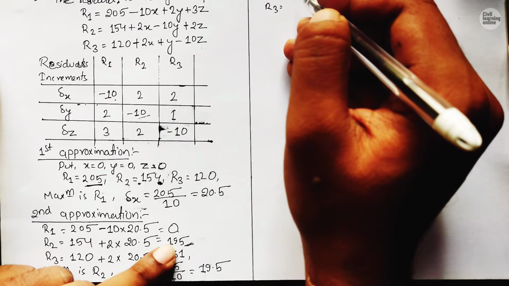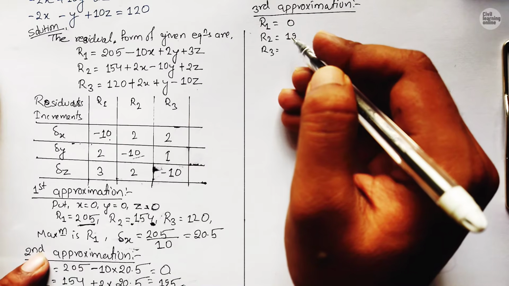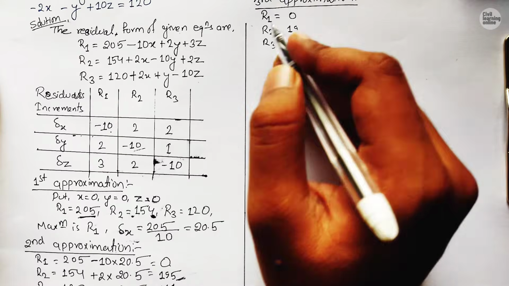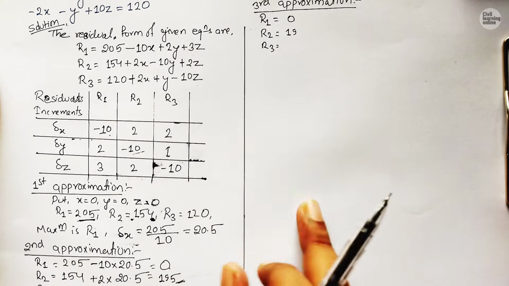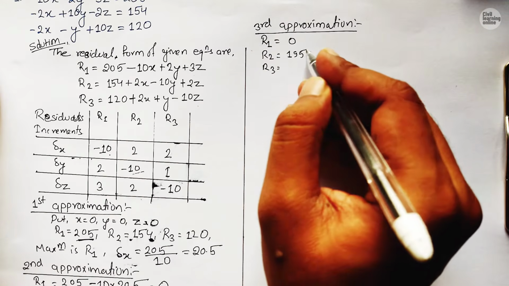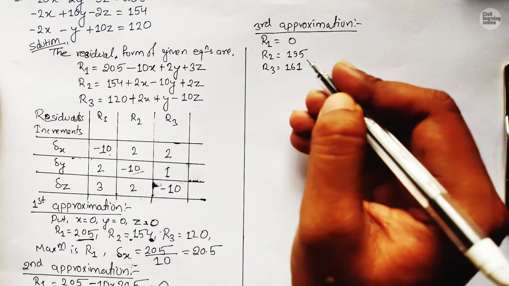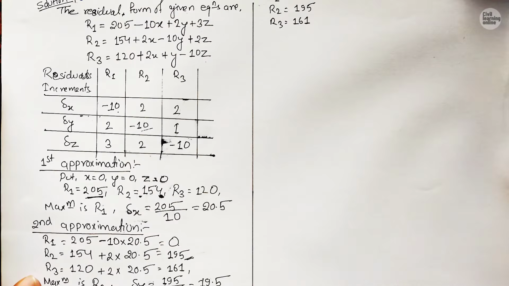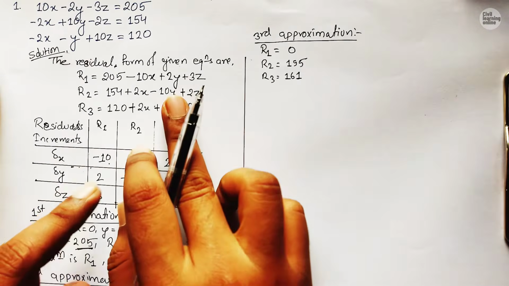We are using the second approximation values of R1, R2 and R3 in the third approximation.